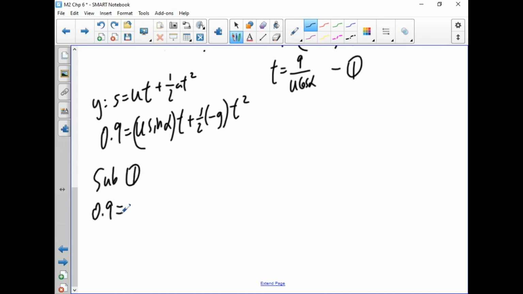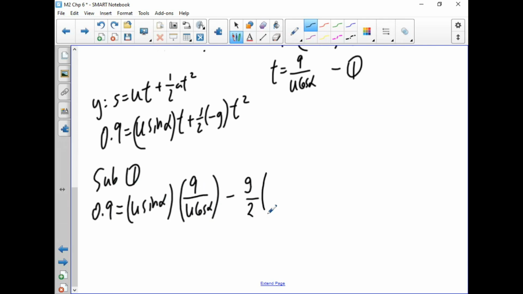So 0.9 equals u sine alpha times t, which is 9 over u cos alpha, minus g over 2 times 9 over u cos alpha squared. So what have I done then? I have replaced the t from what I found in x. Next is all just algebra.